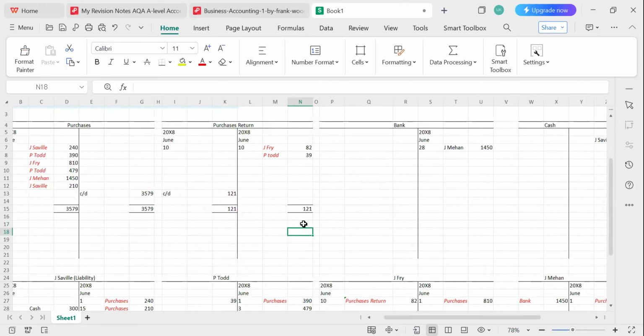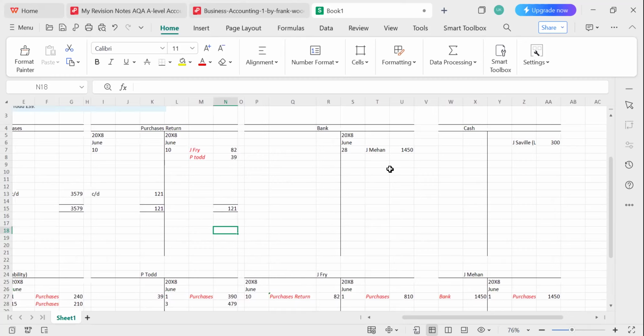Okay. All right. This account, 1450 on this side, 1450 on this side, and carried down is going to be the same amount, which is 1450. Okay.